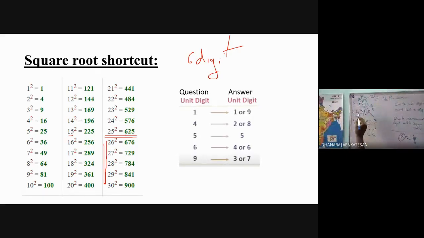Here 645 will come between 25 square and 26 square, because 25 square is 625, 26 square is 676. So this digit will be 25, and I have to choose this digit, whether 6 or 4. 25 into 26 is around 650.